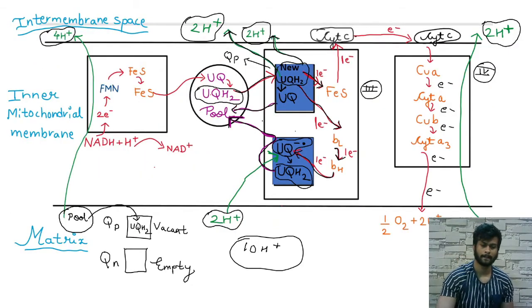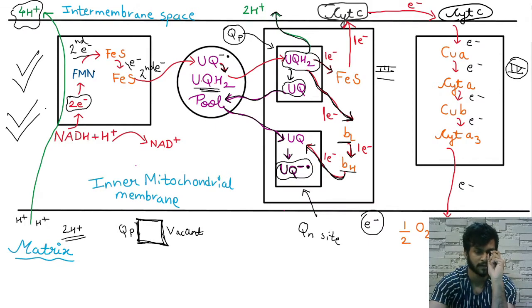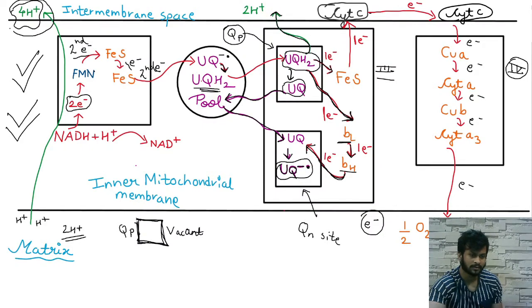After this, the same story is going to continue. The only difference is that these 4 H+ ions, which we liberate because of complex 1, will not occur.